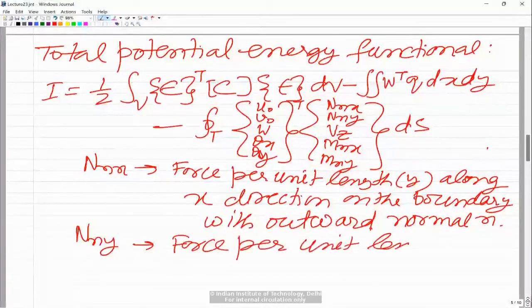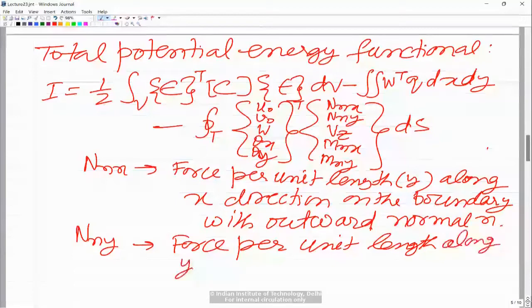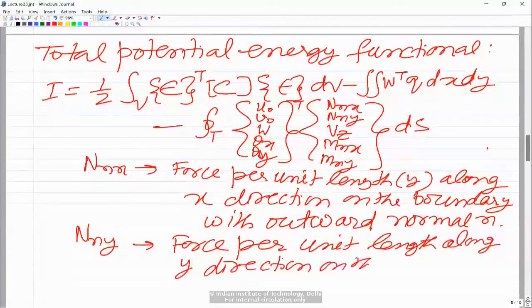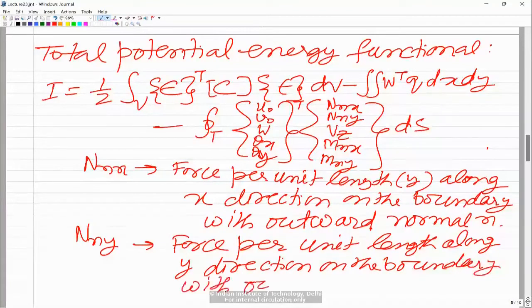Now this would be again on the same boundary, and that boundary could of course be any boundary. So along y direction, again on the boundary with outward normal n.